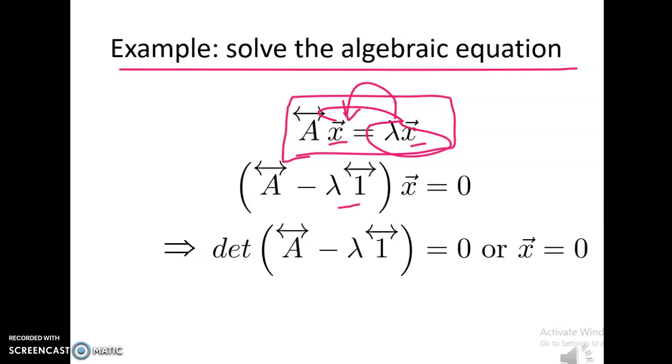Ax minus lambda x. Take x common, then A minus lambda I. If you put I, it is always 1. So the determinant of A minus lambda I is 0, or x bar equal to 0, the zero vector also.